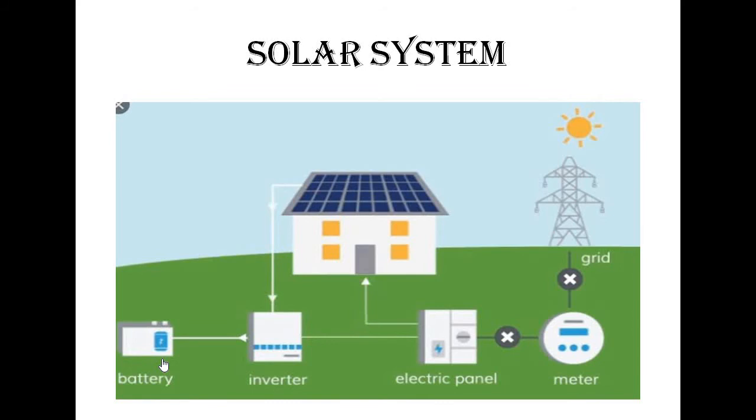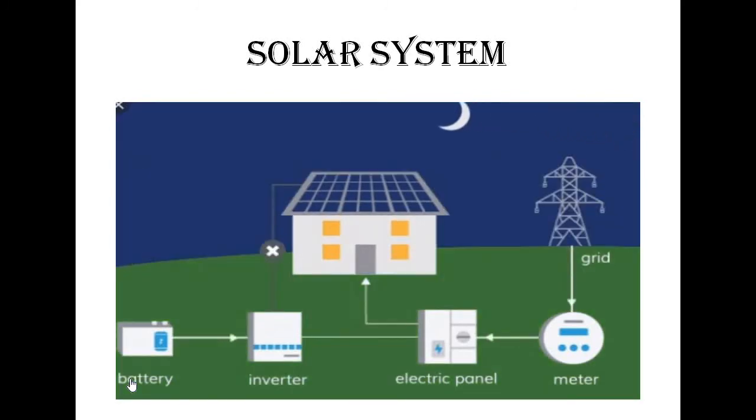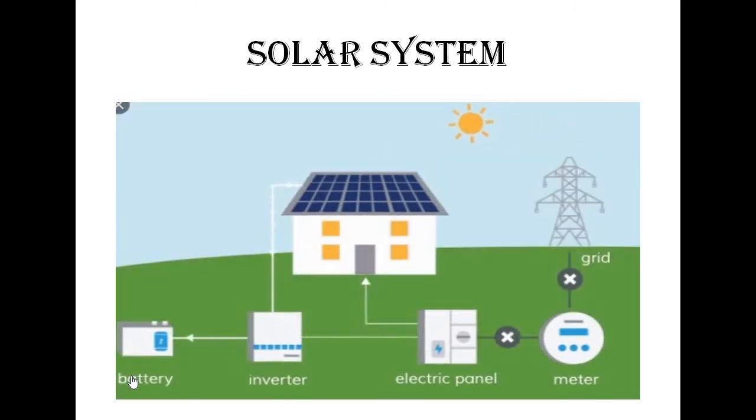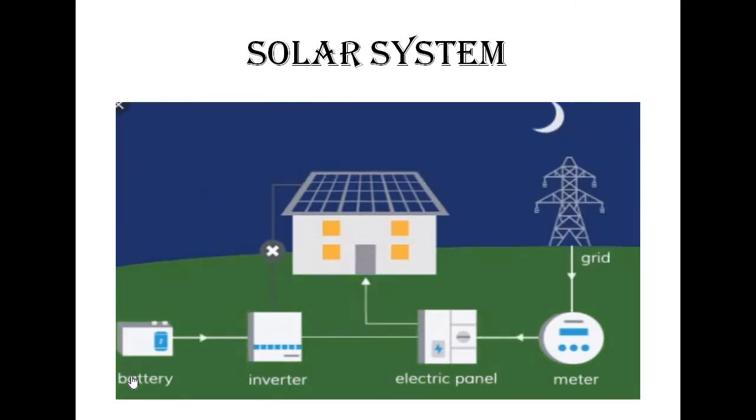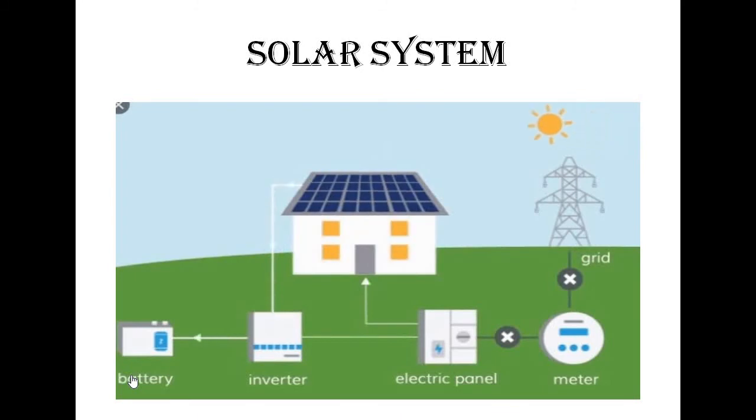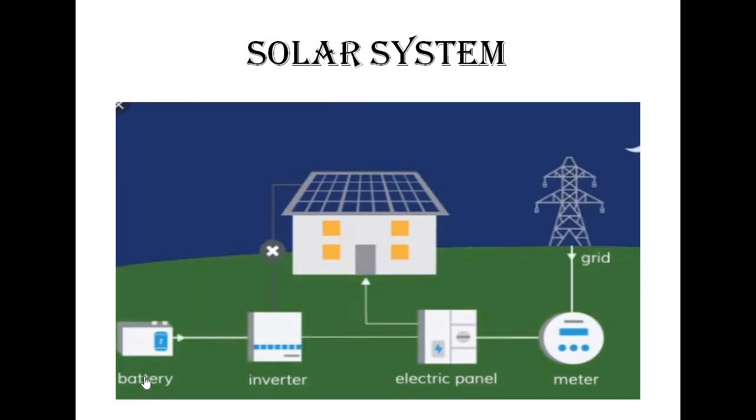The solar panel collects energy from the sun and turns it into electricity, which is passed through the inverter and converted into a form that you can use to power your home.